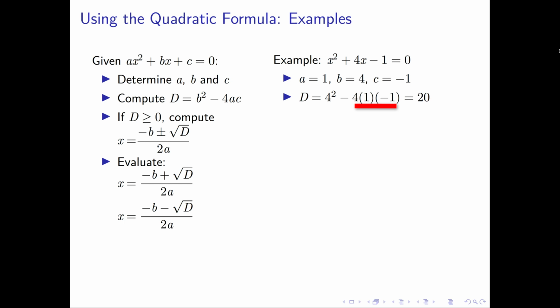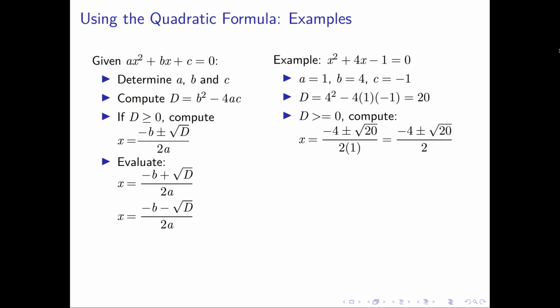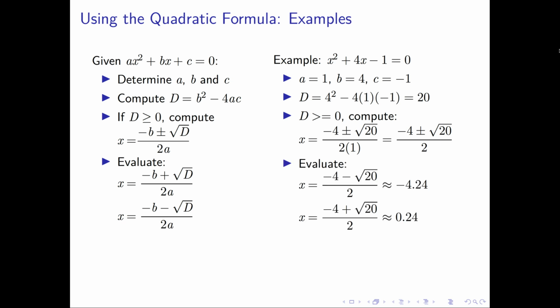So this is 4 squared minus -4, which is 16 plus 4, which is 20. The discriminant is greater than or equal to 0, so we compute -4 plus or minus the square root of 20 over 2. And then we evaluate. -4 minus the square root of 20 over 2 is about -4.24. And -4 plus the square root of 20 all over 2 is about equal to 0.24.